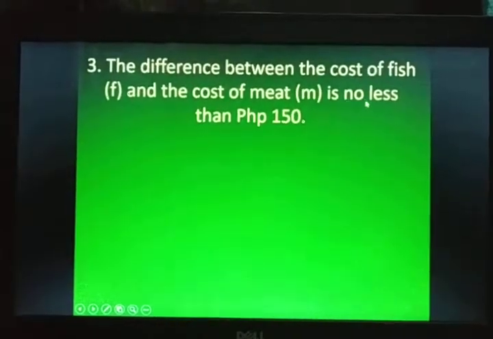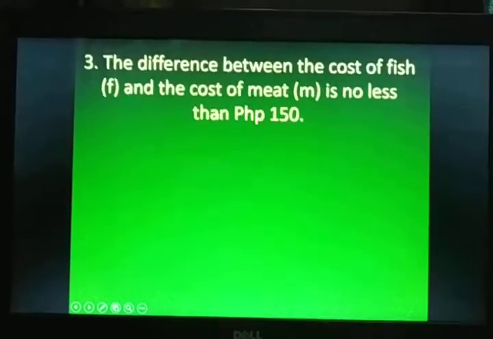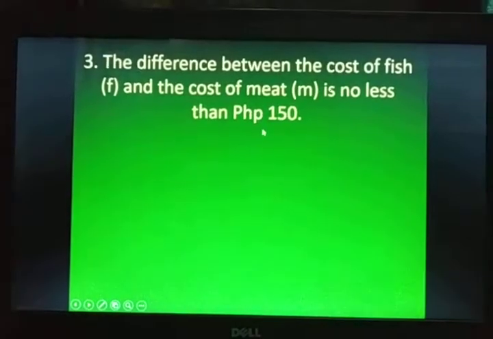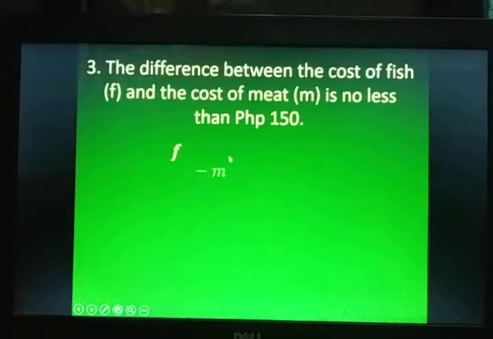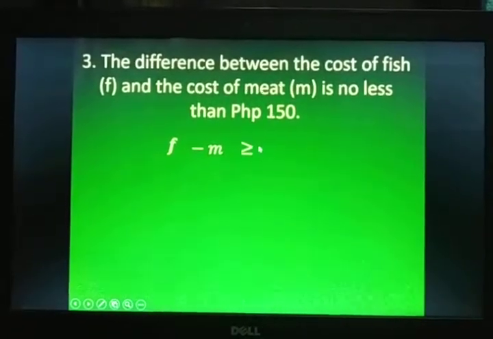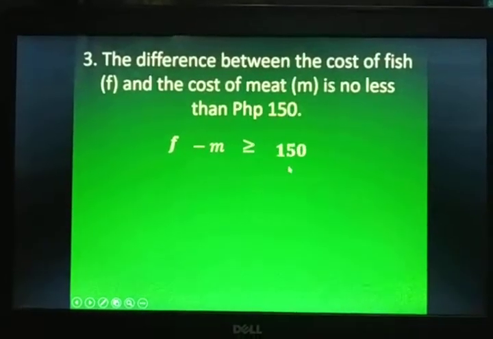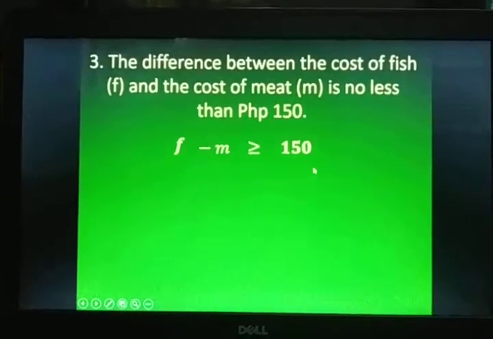And the words no less than denote a linear inequality symbol. Okay, let's find out. That's F, cost of fish, minus M, is no less than, which represents greater than or equal to 150. F minus M is greater than or equal to 150.